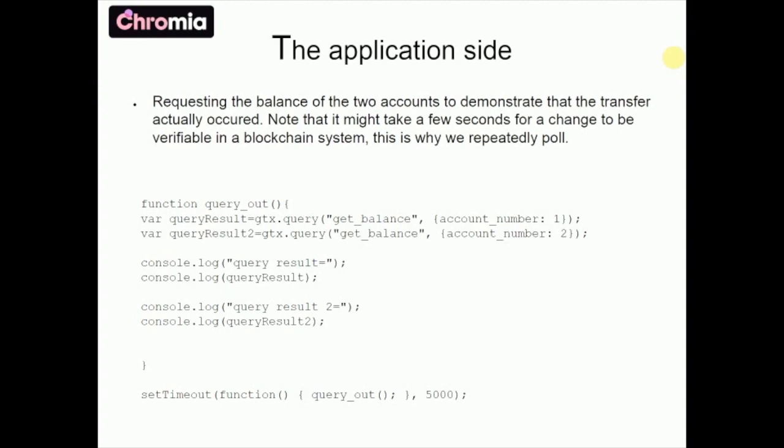Finally, we will check if the money transfer has gone through. And that is done by doing a query. And the query function get balance from account number 1 and the account number 2. And then we just print out the result on the console.